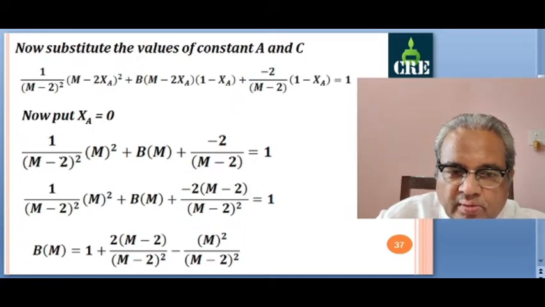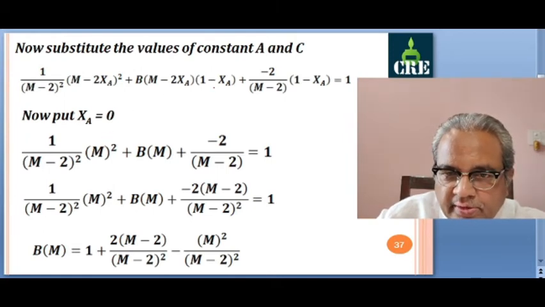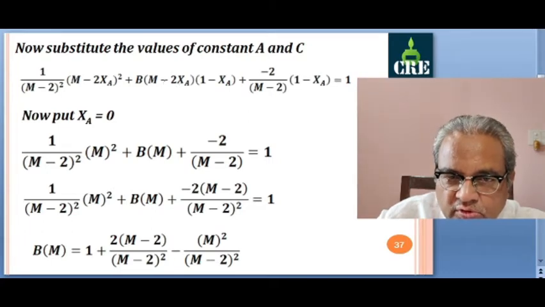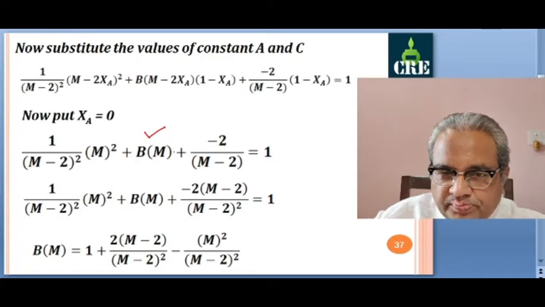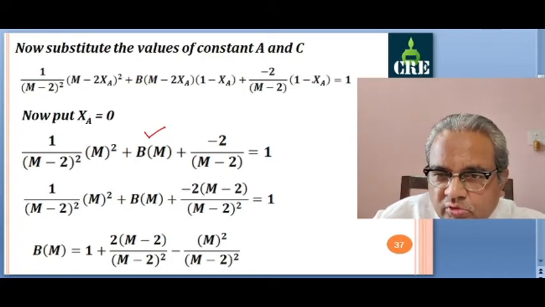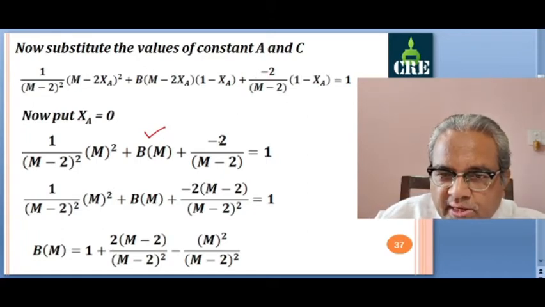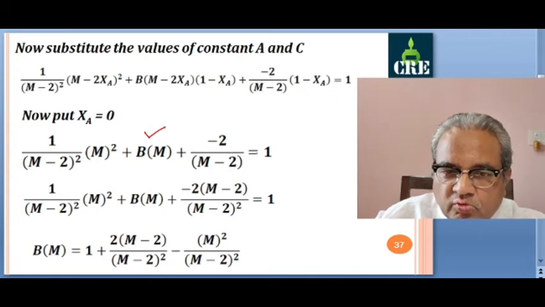So the first term is 1 by (M minus 2) square into M square. Second term, this is 0. So this is 1, this is 0, this is M only. So we are left with B into M only. XA is equal to 0, so we are left with minus 2 by (M minus 2) only. This is 0. So this is 1 is equal to 1.